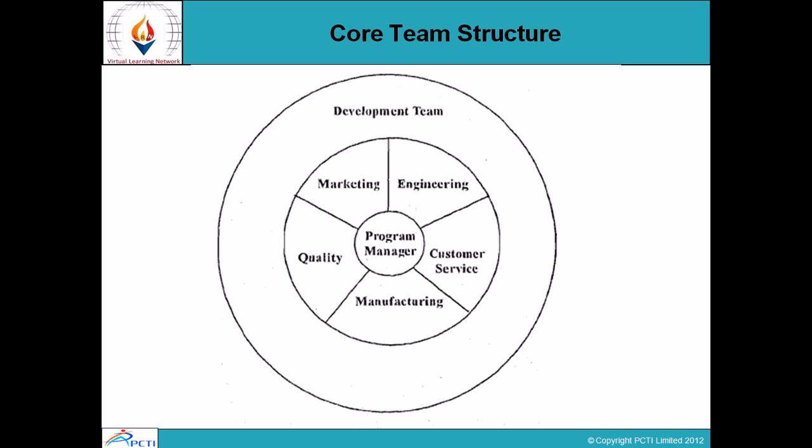Core team structure includes the program manager. The program manager can be of customer service, manufacturing, quality, marketing, engineering, which further gives rise to the development of the team.